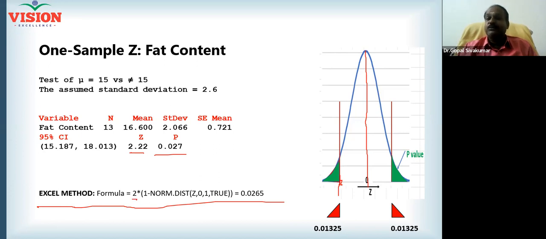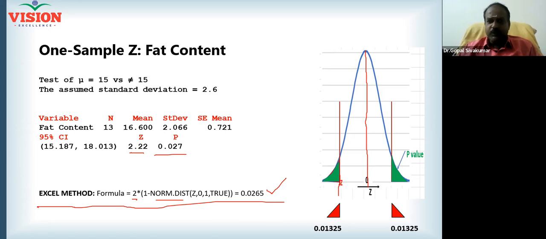Normal distribution, because our assumption is normal distribution. Z-score is 2.22. If you know the Z-score, substitute here and the pattern remains, and now it will generate the p-value for you. All right, clear everyone?